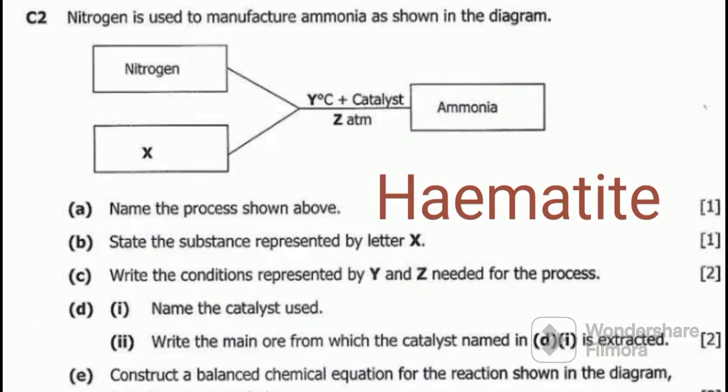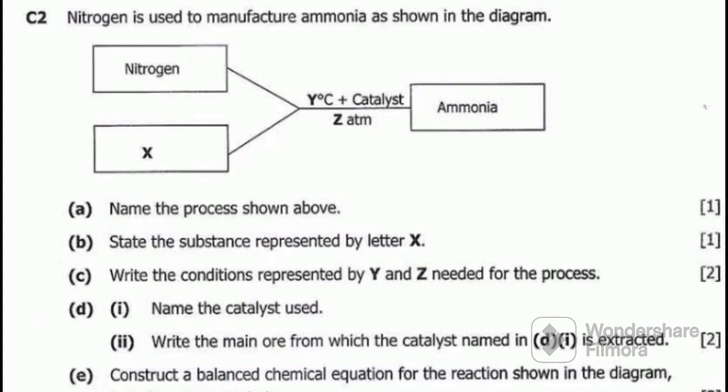E, construct a balanced chemical equation for the reaction shown in the diagram. Include state symbols. When we react nitrogen and hydrogen, we produce ammonia.